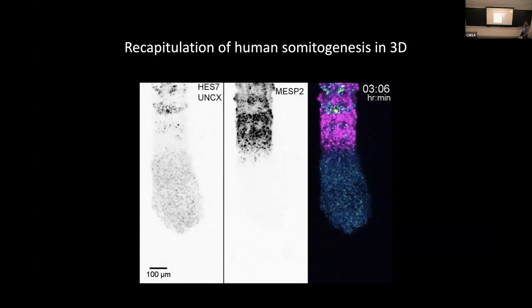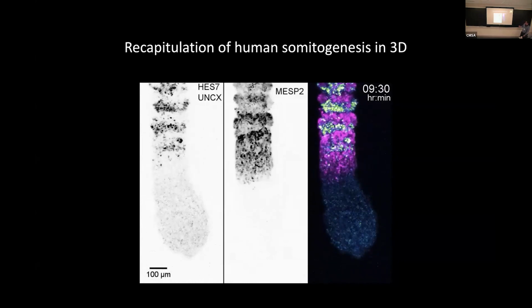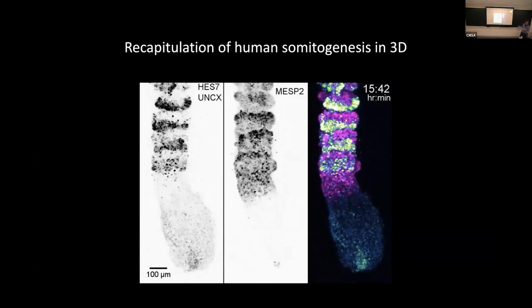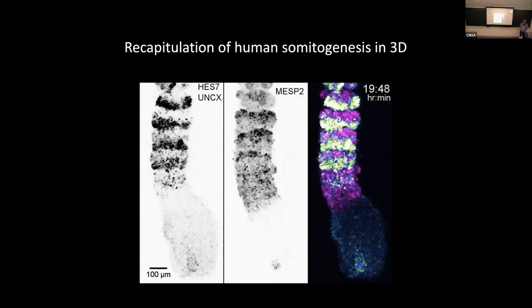You can see the clock oscillation, the structure elongates, and here you can see the sorting. In fact, you can track the cells and see the sorting taking place, leading to the segregation of the anterior and posterior compartments. I think it's a really cool system because it's pure self-organization.